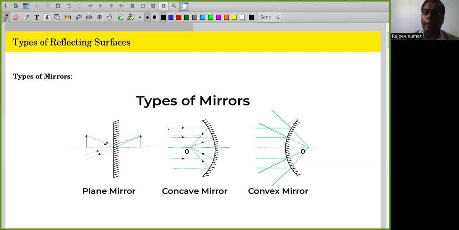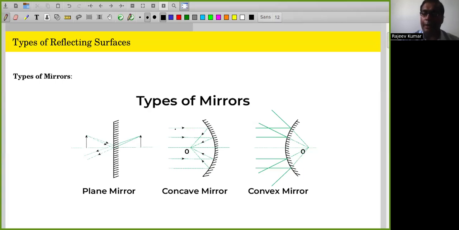In the case of a concave mirror, which has a converging nature, the parallel incident radiation falling on the concave mirror gets converged to a particular point in front of the mirror. That particular point is generally termed the focus. The focus point is in front of the concave mirror.